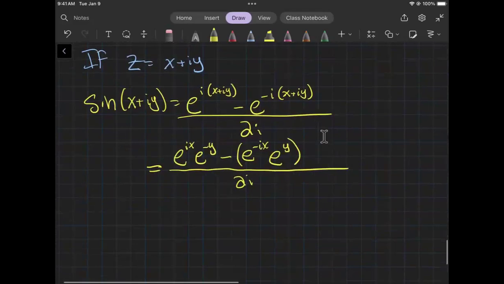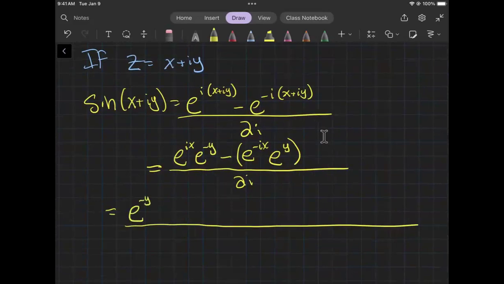Okay, so this quantity would equal the following. We'll have e to the minus y times e to the ix, which is just cosine of x plus i times sine of x.